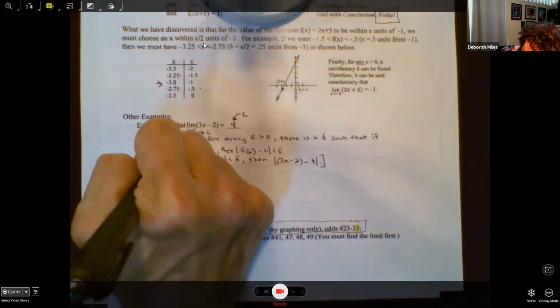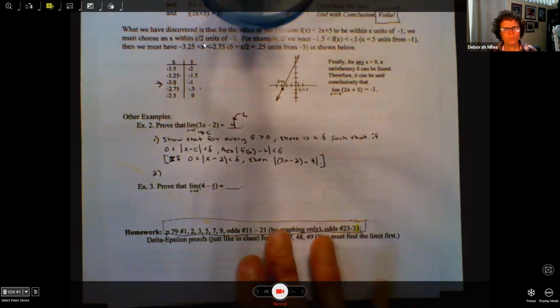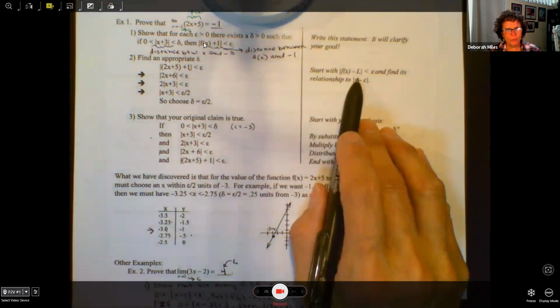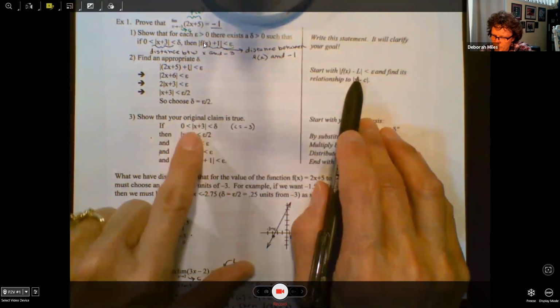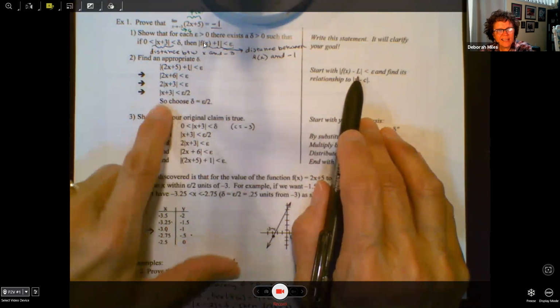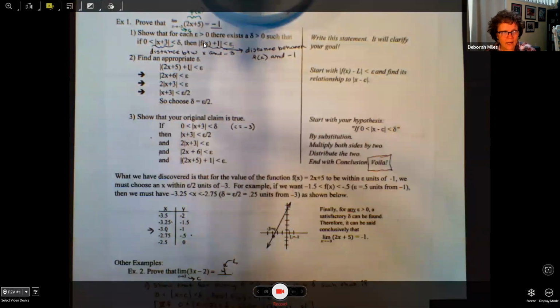Step 2, what is step 2 at the top of the page? What does that say? Find an appropriate delta. All right, and out to the side, it shows how to find that appropriate delta. Start with your f of x minus L and work on it until it becomes absolute value of x minus c, and it always will.